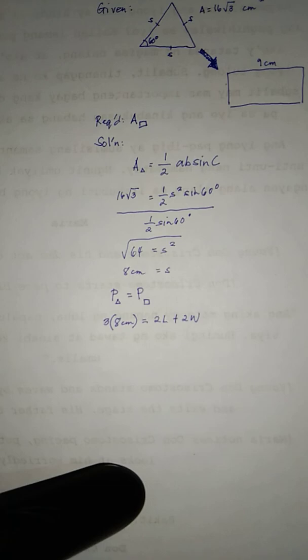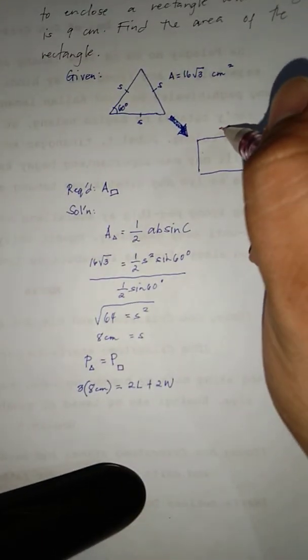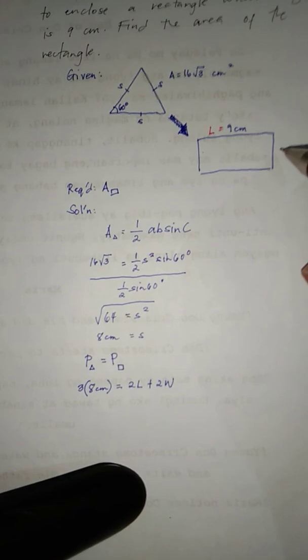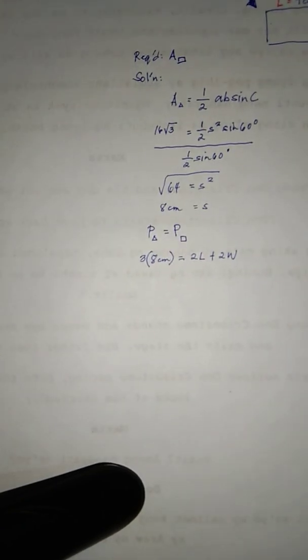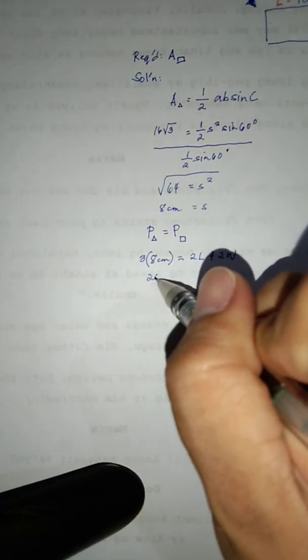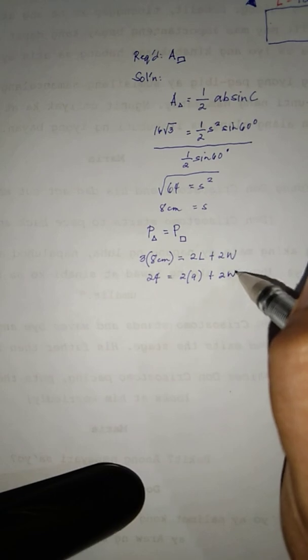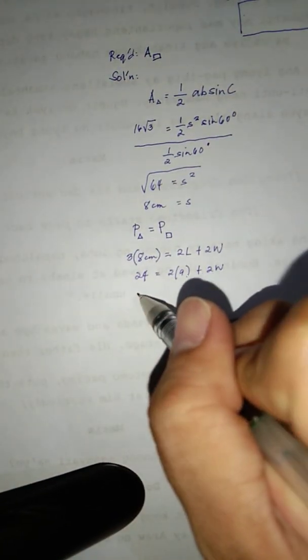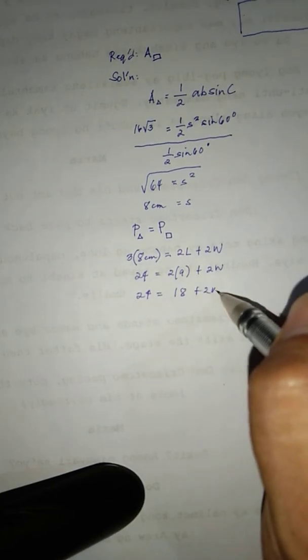Now let's go back to the problem. In the rectangle, we have our length, which is 9 centimeters, and the other dimension is the width, which is currently unknown. Going back to our equation, you have 3 times 8, which is 24, equals 2 times 9 plus 2 times W. So 24 is equivalent to 18 plus 2W.